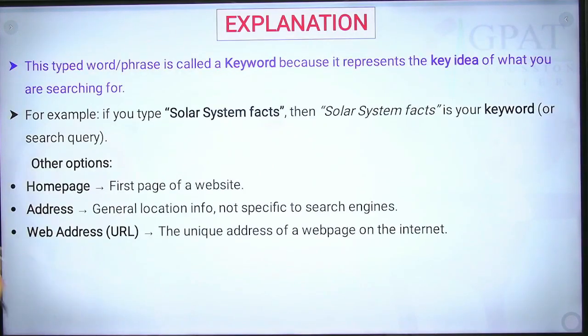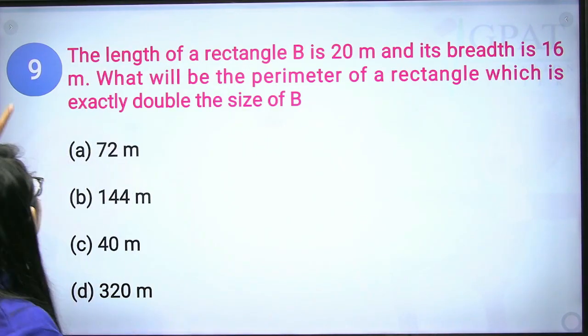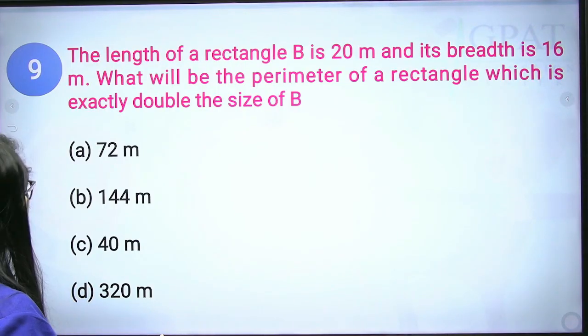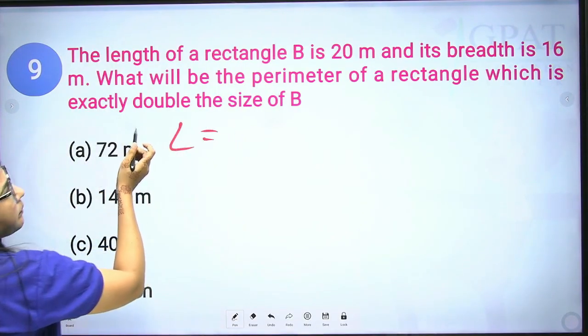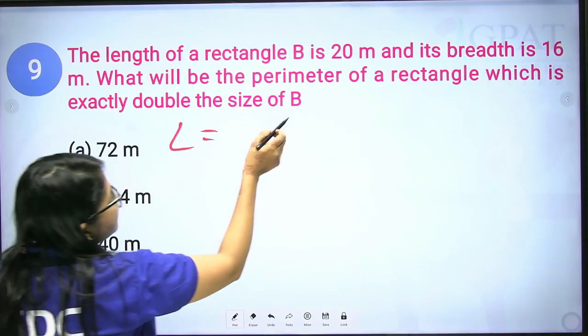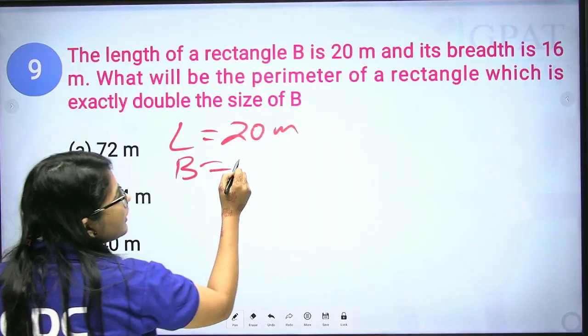Okay. Now the next question. The length of rectangle B is 20 meters and the breadth is 16 meters.